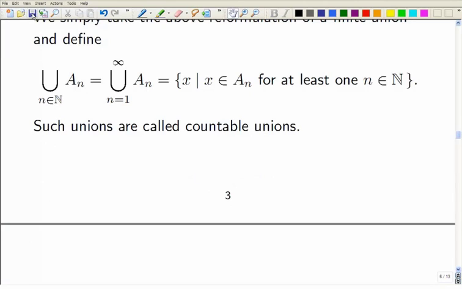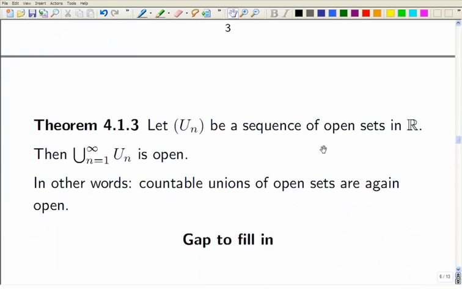Our next trick is to prove that even if you take a union of infinitely many open sets, you're still open. I use a slightly different proof structure for this. You could base this on the previous idea, but I'm going to use the other proof method this time.